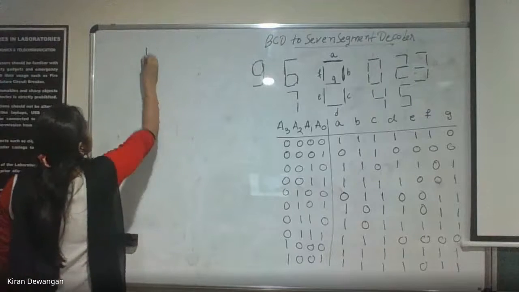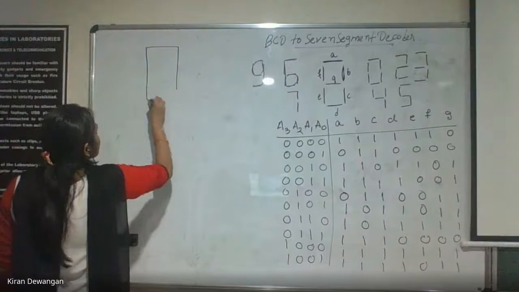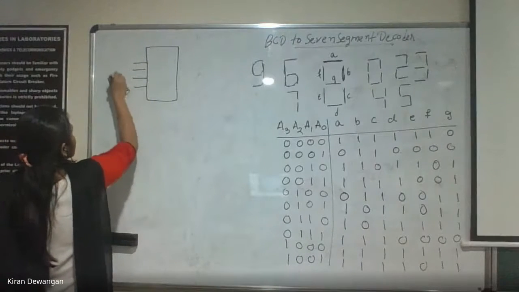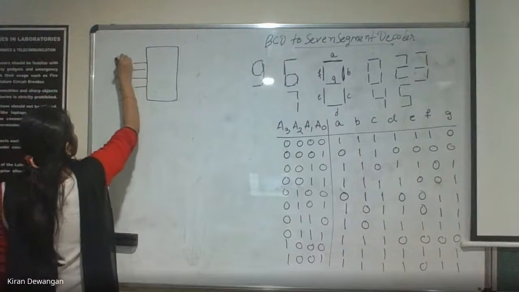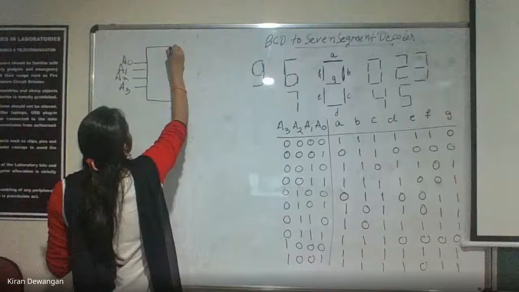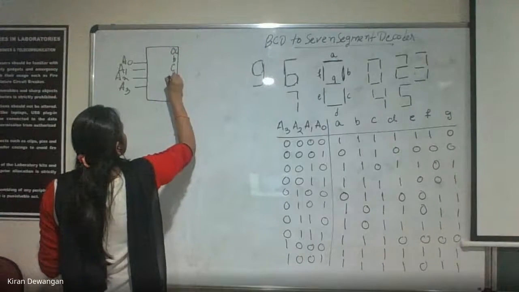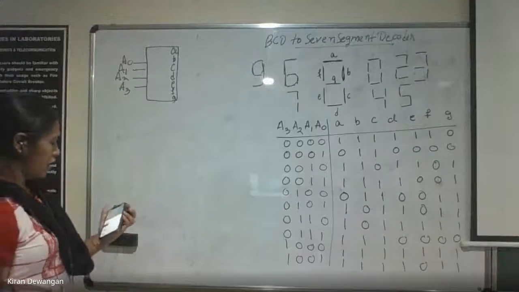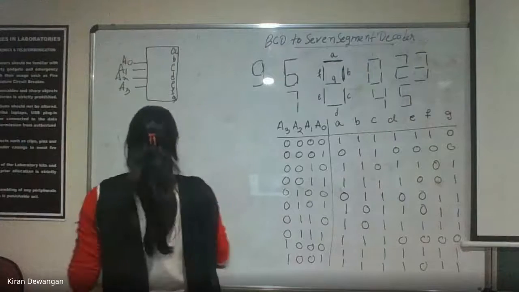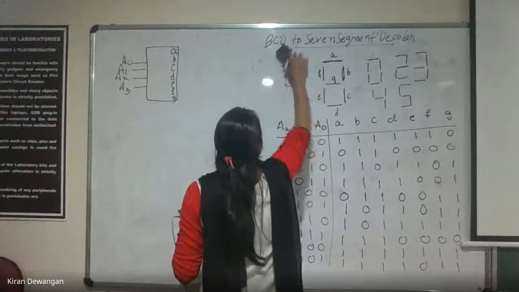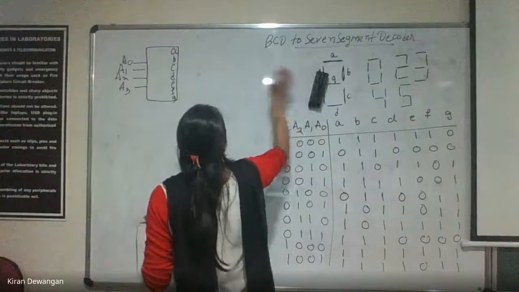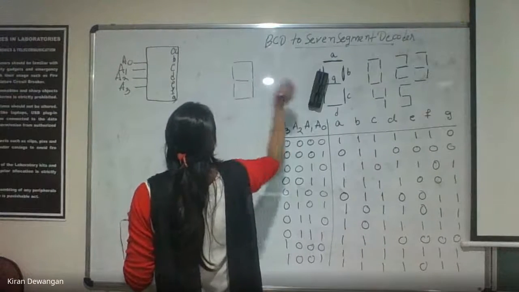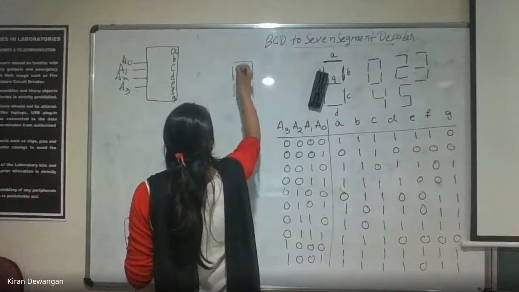For this, we'll be having a block with inputs A3, A2, A1, A0, and outputs A, B, C, D, E, F and G. And here I'll be having my 7-segment. These are my 7 segments. ये मेरे 7 segment है.